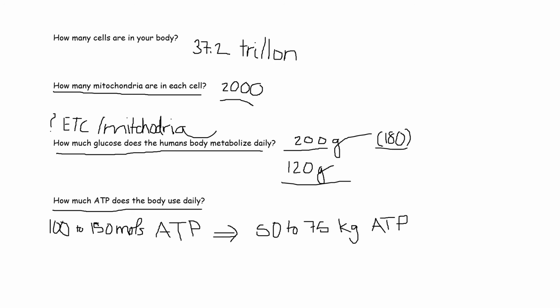So maybe this will spark an interest in you to look at some of the other processes that occur in your cells. They're basically minute chemistry factories, constantly working and running reactions.